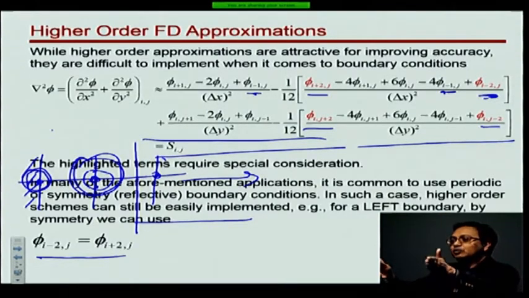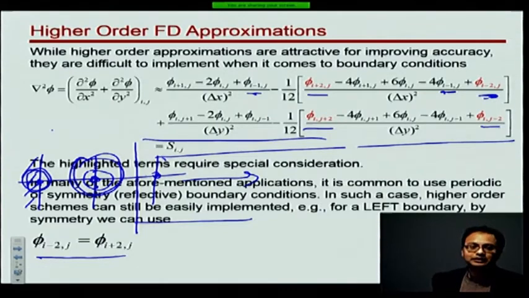It simplifies the equations considerably, and you can basically use the interior node equations everywhere. In that case, it becomes considerably easier. But when you have a real wall or a boundary which is not symmetric, that's when you run into problems.